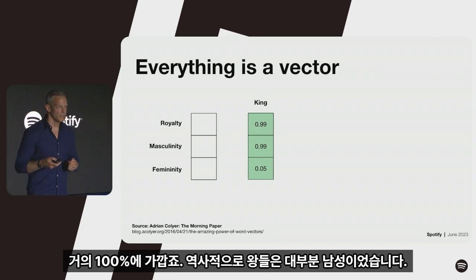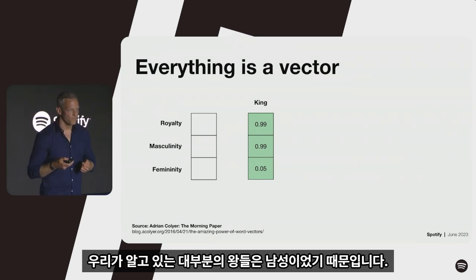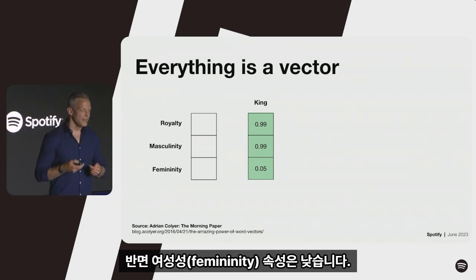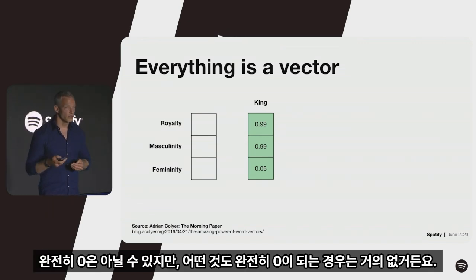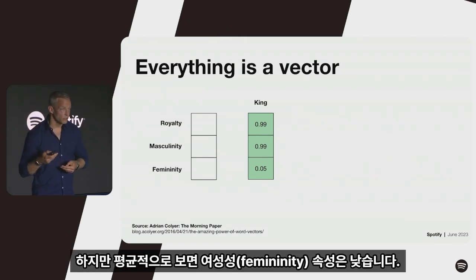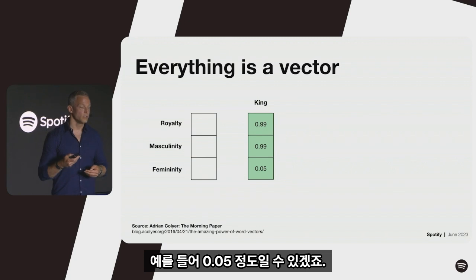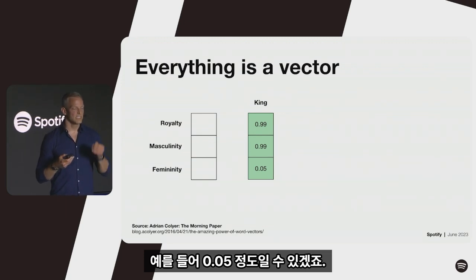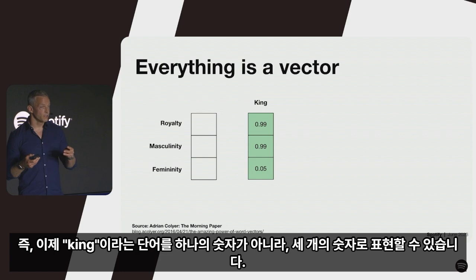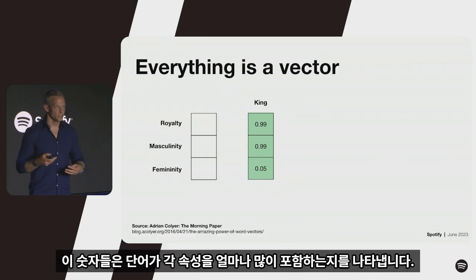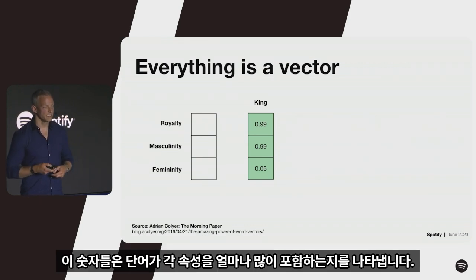Most kings so far have been men historically, we think. And then you have femininity, which is low. Probably not 0. Nothing is ever 0, but low statistically on average. So 0.05. So now, instead of a single number for the word king, you have 3 numbers, which corresponds to some dimensions of how much of something that word is.